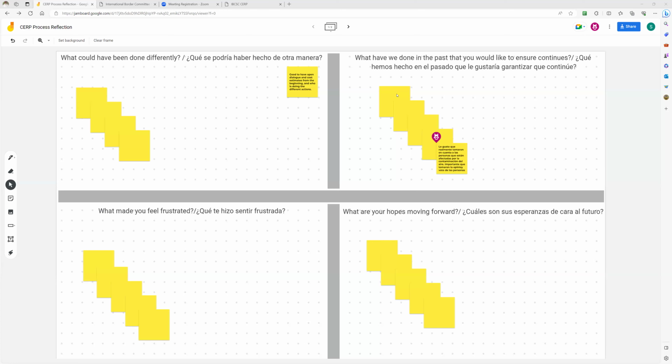I think one of the things that I really appreciated was being able to go to different places around the international border region.